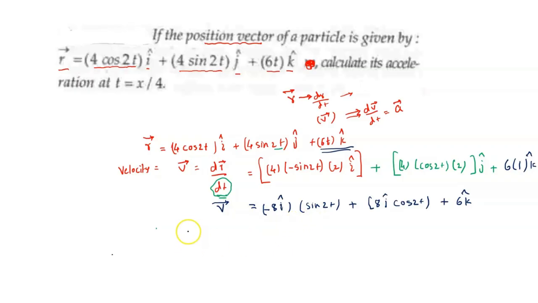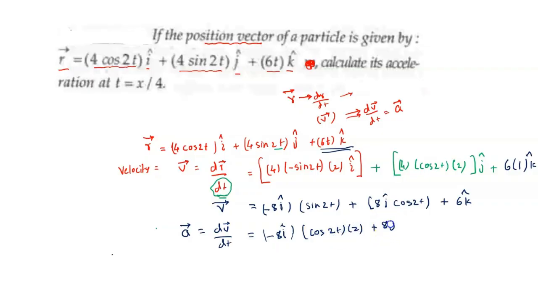Now let's go for acceleration. Acceleration a bar is equal to dv bar upon dt. The velocity is minus 8 i hat sine of 2t plus 8 j hat cos of 2t plus 6 k hat. Now the differentiation: minus 8 i hat remains as a constant, and sine of 2t becomes cos of 2t multiplied by 2.